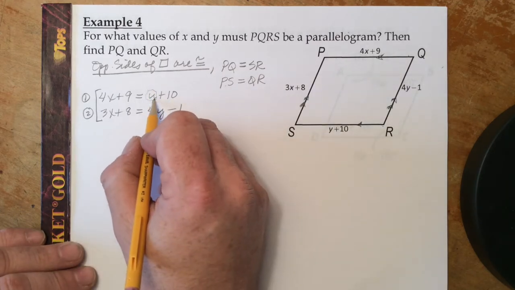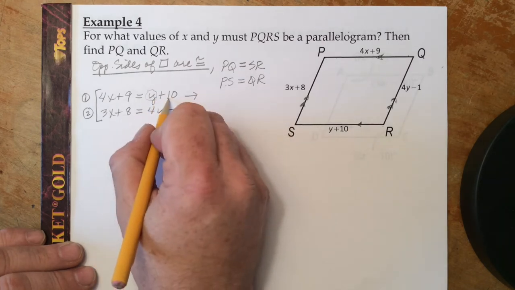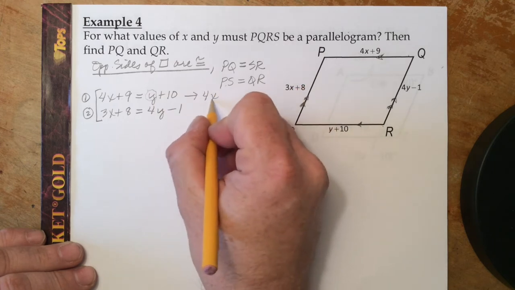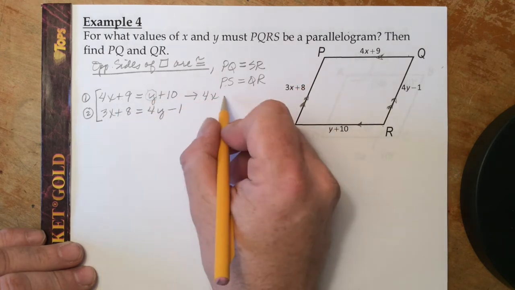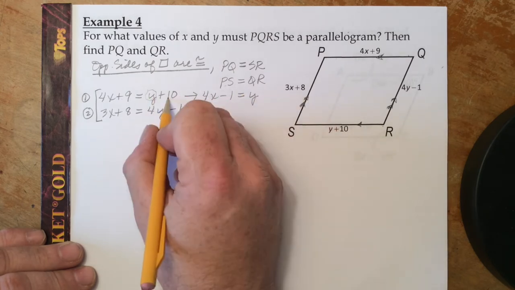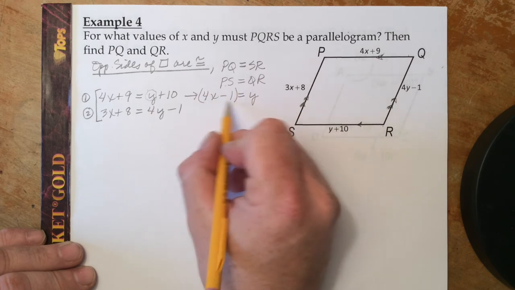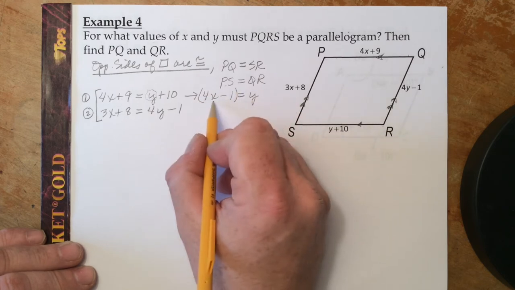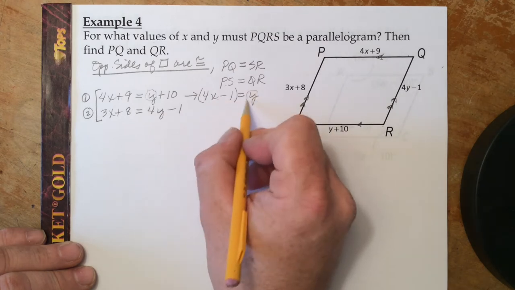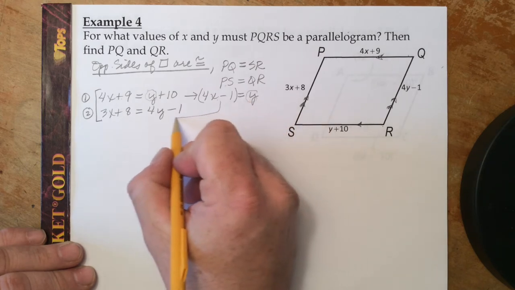So if we subtract 10 from both sides of this equation, we get 4x, and subtracting 10 from plus 9, we get minus 1, equals y. The 10 goes away when we subtract. So y is equal to this expression in terms of x. Now we substitute this expression everywhere we see a y in the other equation.